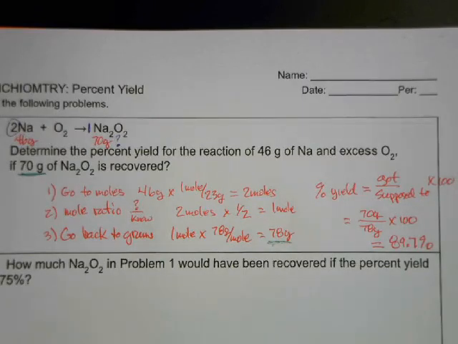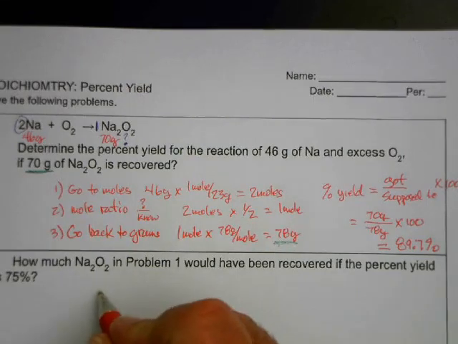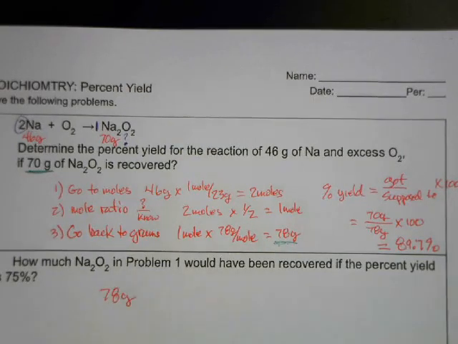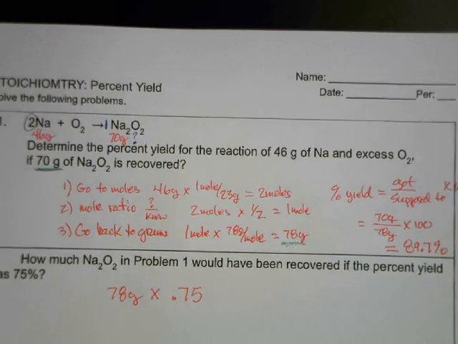Now in problem 2, we have how much Na2O2, sodium peroxide, in problem 1 would have been recovered if instead of this, it was only 75%. Okay, well again, what we were supposed to get was 78 grams. So that's what 75% would be as a decimal, 0.75.